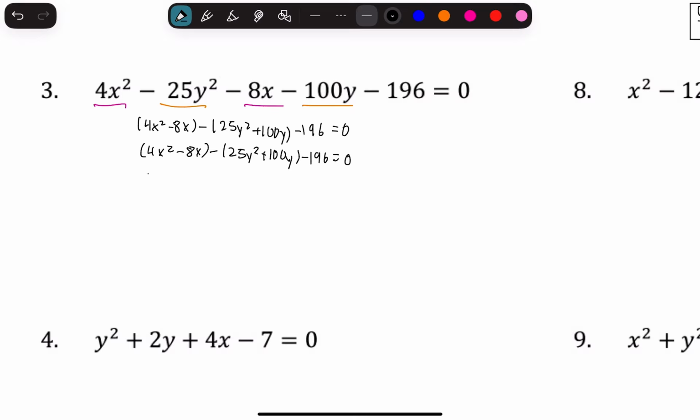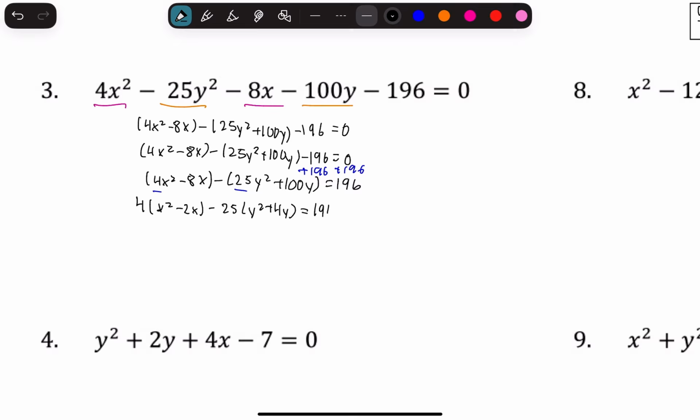Now move the constant. Now after this you can factor the coefficients. 25 and 4, this seems to be the largest things we can take out. Plus 4y is equal to 196.